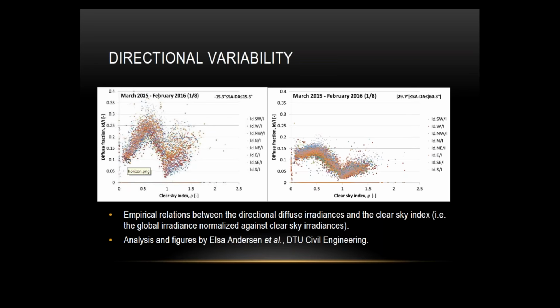Then when it gets even thicker clouds, you go down towards 1/8 of the irradiance, because we're looking at a 1/8 opening. We also have the effect that when you have a higher clear sky index than 1, this is typically because you have over-irradiance, that you have clouds that are distributed in a way where you get locally and temporally more irradiance, and then you get an increase in this diffuse fraction as well.